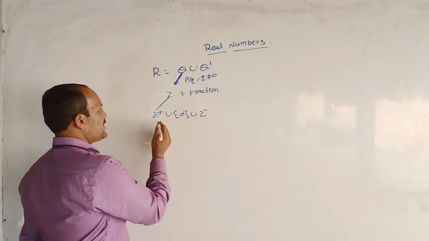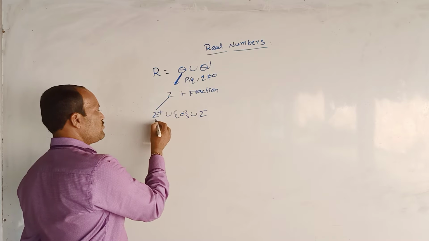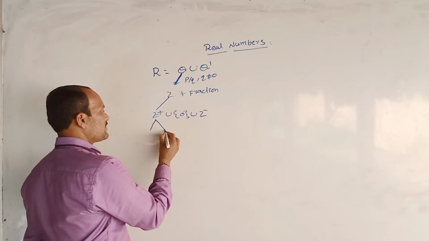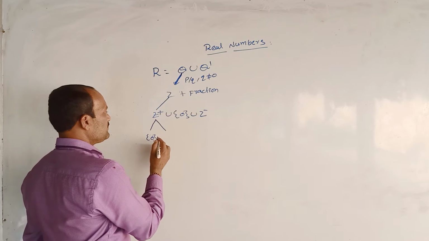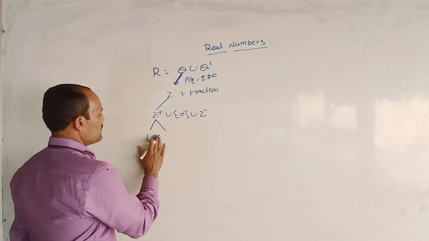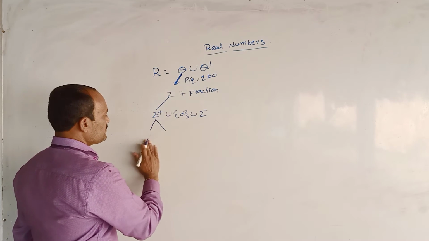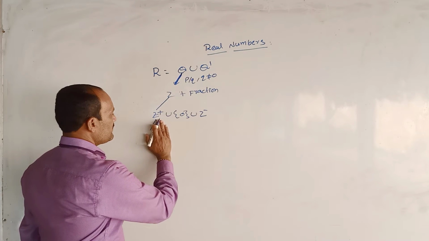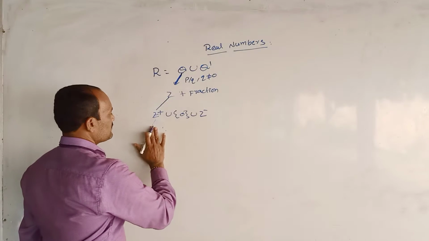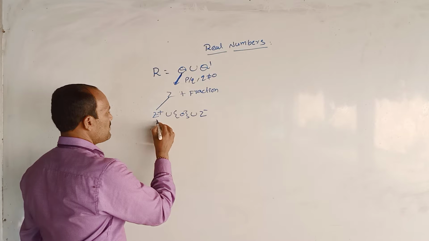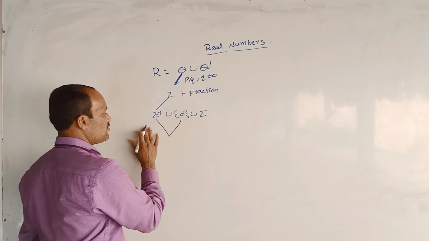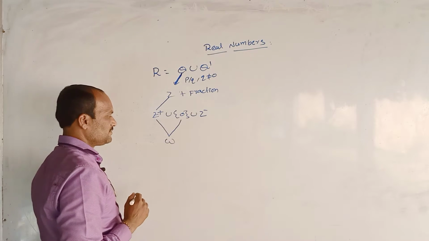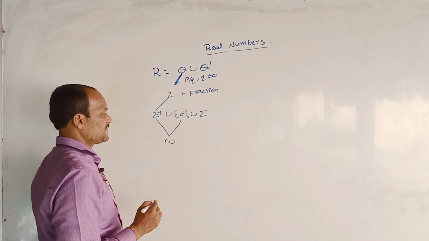Next, Z plus. How to make the Z plus? Z plus union 0 becomes W. W means whole numbers.